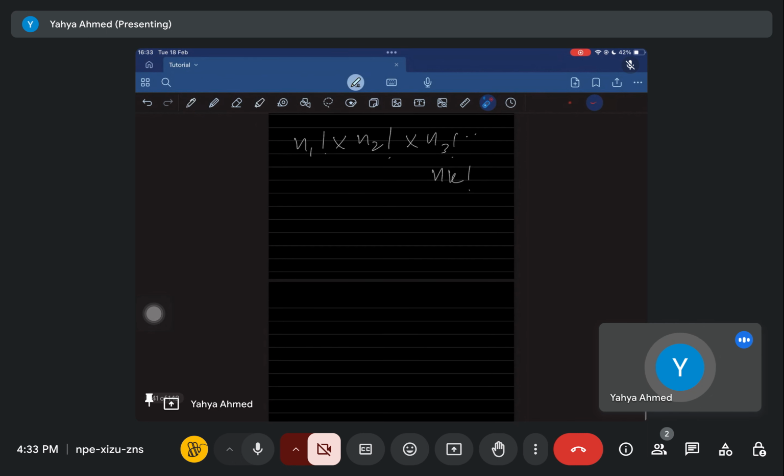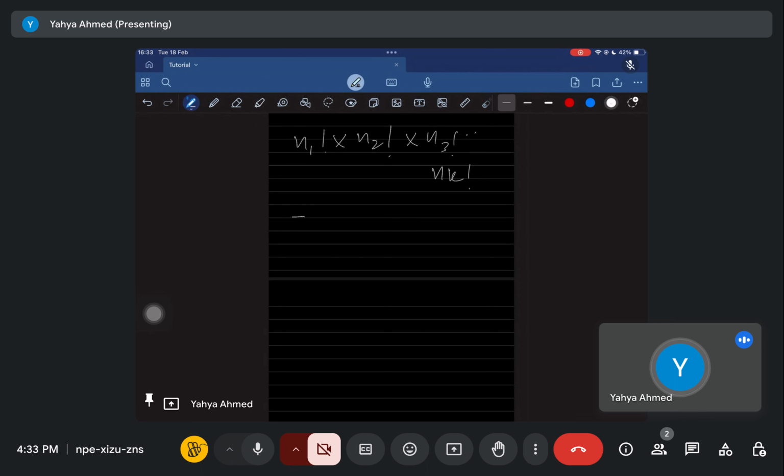We can rewrite this using summation-like notation. In summation, we would iterate and sum over the values. Here, we will use the pi notation, which is the exact same thing, but you're multiplying the values of the function. In this case, I would start at 1, go up till k, and multiply ni factorial.